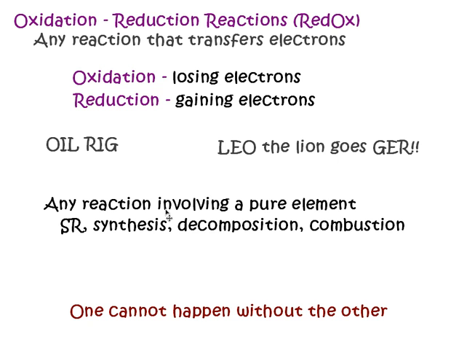Now, a couple of tips on recognizing whether a reaction is a redox reaction. Any reaction that involves any type of pure element is definitely going to be a redox reaction. So this includes single replacement reactions, synthesis reactions, decompositions, combustions. All of these are redox reactions.